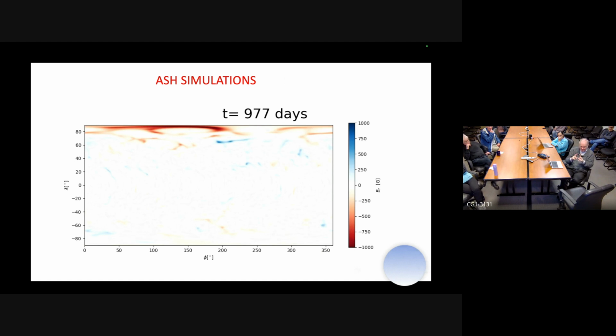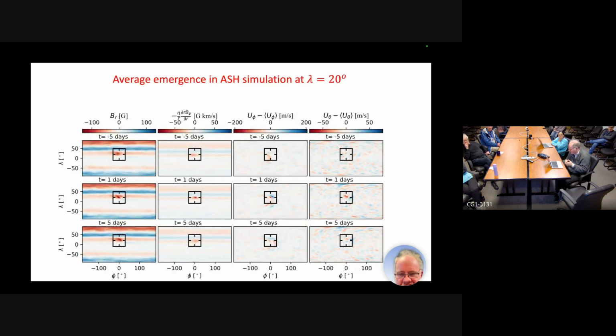So I'm looking now for flux emergence. I'm looking for locations where there's a strong radial gradient of the horizontal field, so B phi and B theta. And what I do is I choose the 12,000 locations where the radial gradient of the horizontal field is strongest.